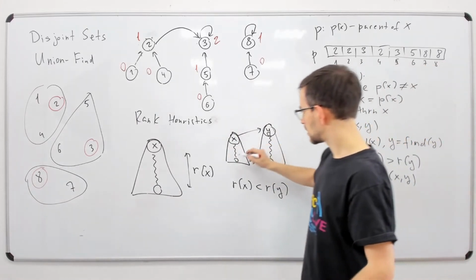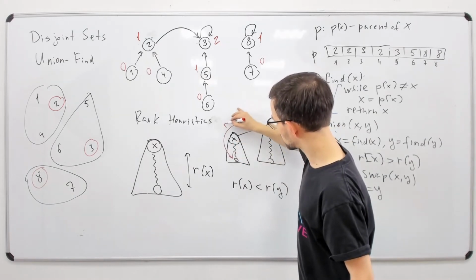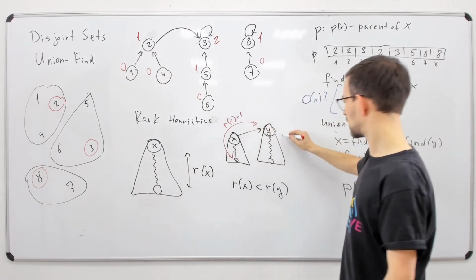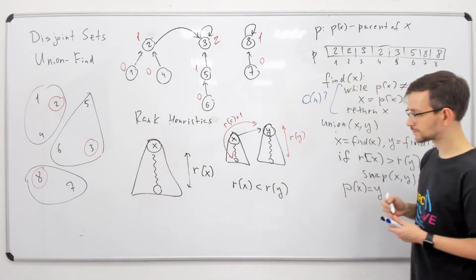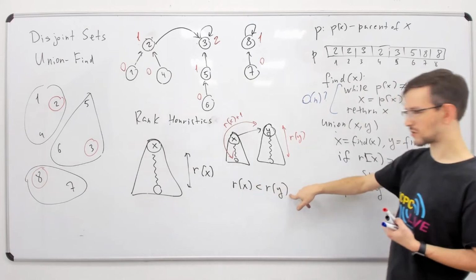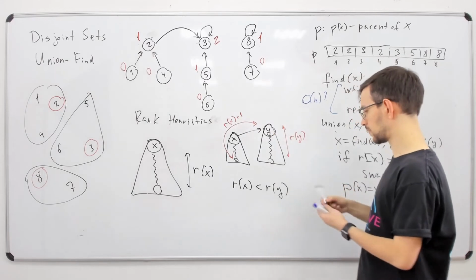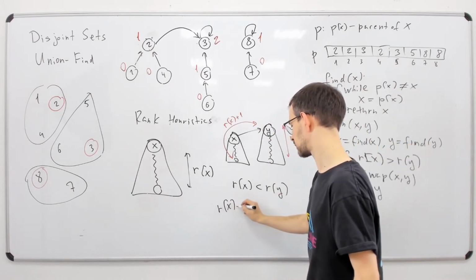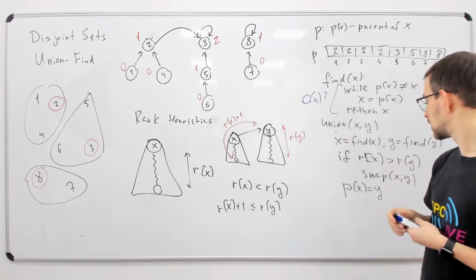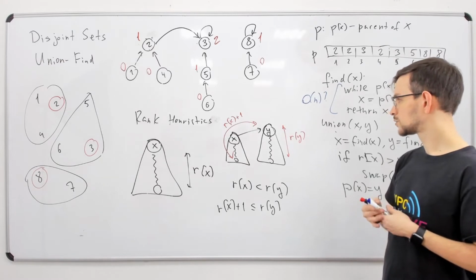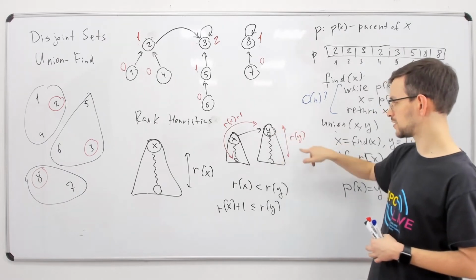This path will have length rank of x plus 1, and this path will have length rank of y. Since rank of x is less than rank of y and they're integers, rank of x plus 1 will be less than or equal to rank of y. So the maximal length of this path will be just rank of y.